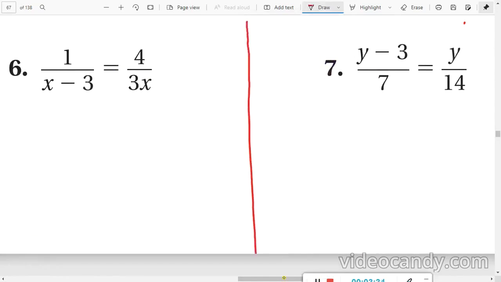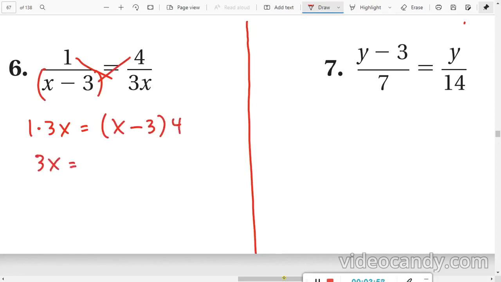All right, on number 6, top times bottom, 1 times 3x. Bottom times top, you have to use parentheses. Okay, so it's x minus 3 times 4. 1 times 3x is, of course, 3x. Distributing the 4, that'll be 4 times negative 3, or negative 12.